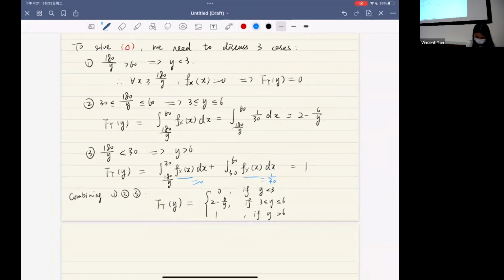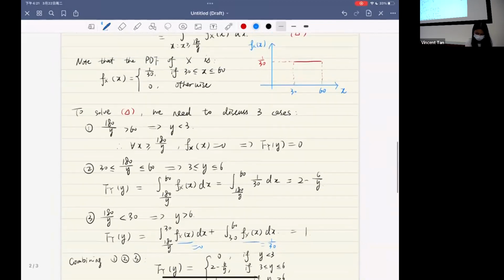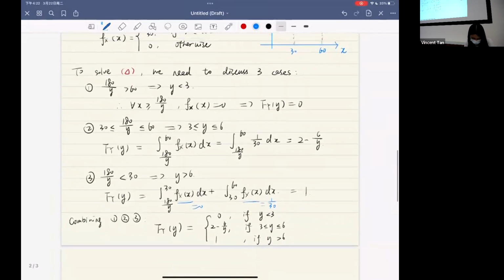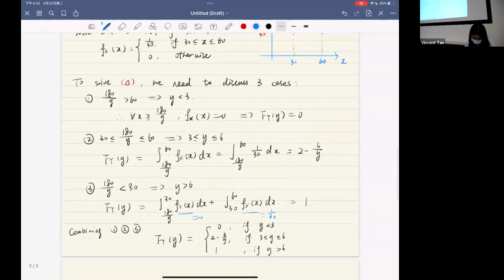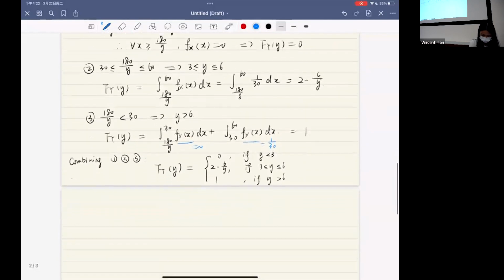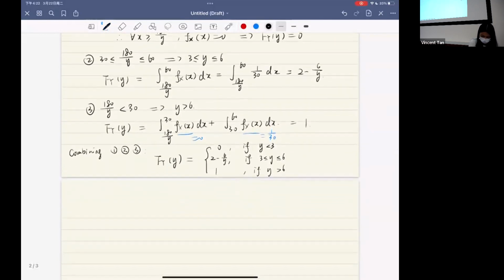In similar questions, we always need to remember that different values of y will give quite different results. Then based on this CDF, we just do the differentiation and we can get the PDF of y.